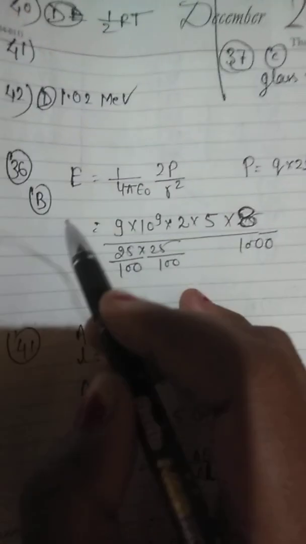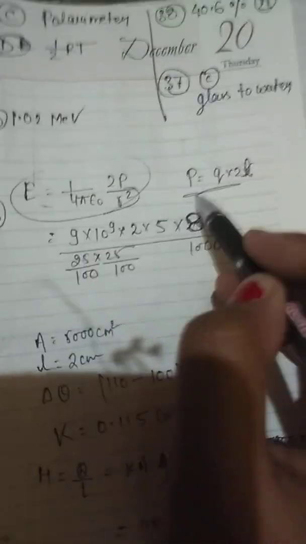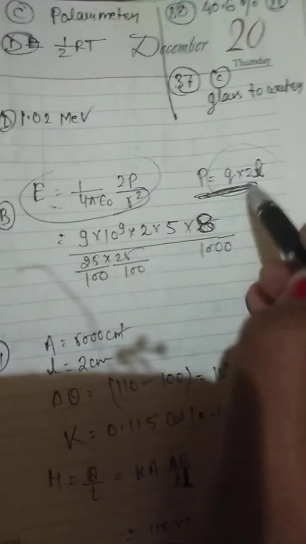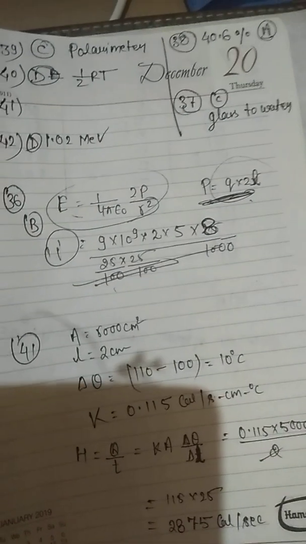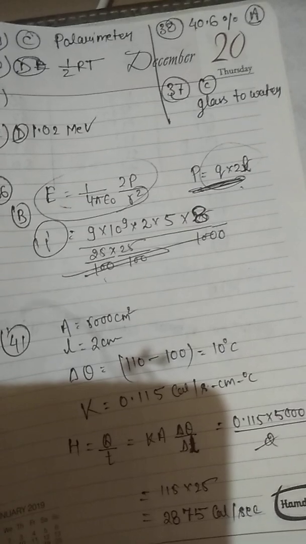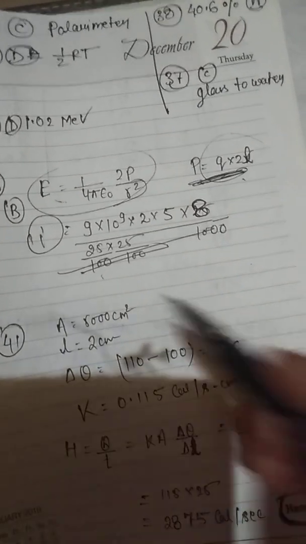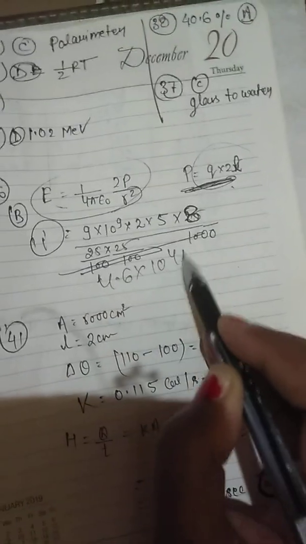As we know, E is equal to 1 upon 4 pi epsilon into 2p by r cube. P is equal to dipole moment, q into 2l. So finally for the first we will put this and we will get the answer 4.6 into 10 to the power 4 Newton per coulomb.